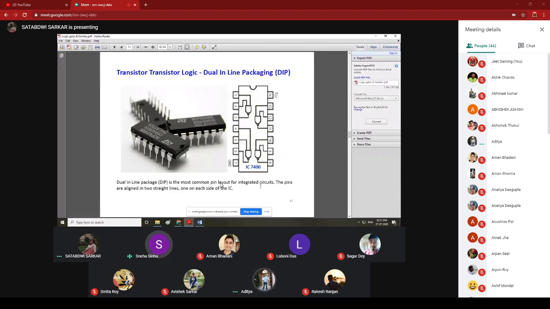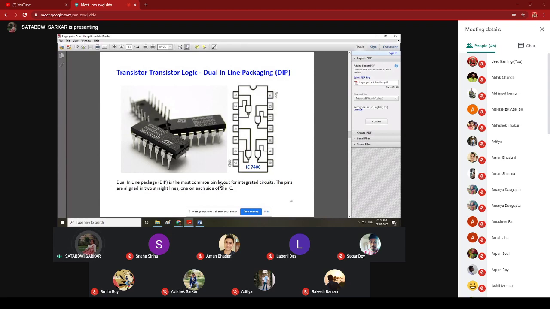This is the IC. See here, this is the IC of the NAND gate, that is 7400, and here you can see that 14 pins are also here, but we are getting only 4 gates inside it. Only 4 gates, not like the NOT gate.